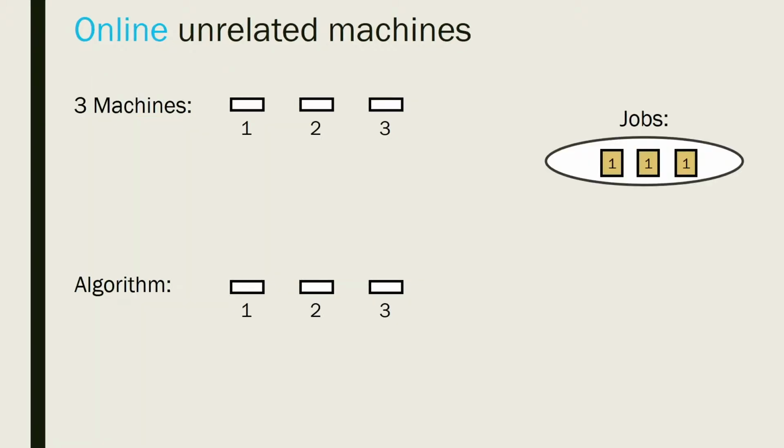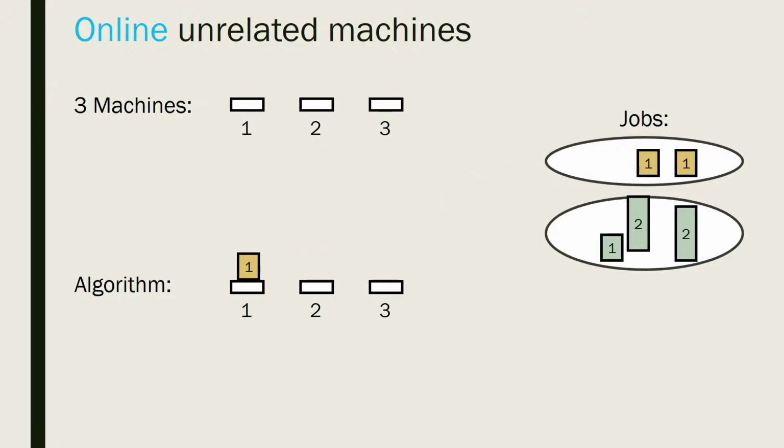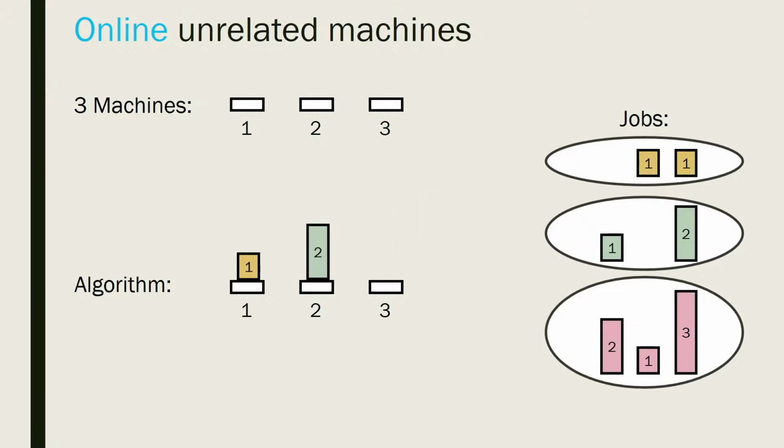Here is the same example as before. We have the first job. Again, it's a vector: the load on each separate machine. We decide to put it on machine 1. Now we get another one, and we decide to put it on machine 2. The third one we again put on machine 1. The cost is 3.